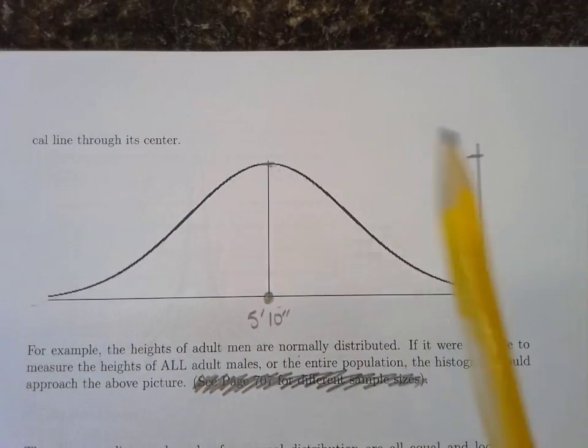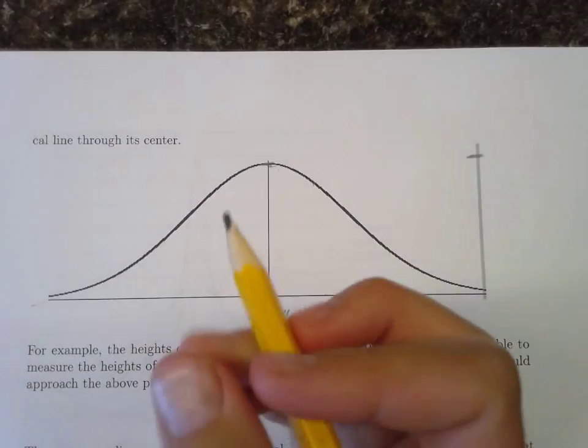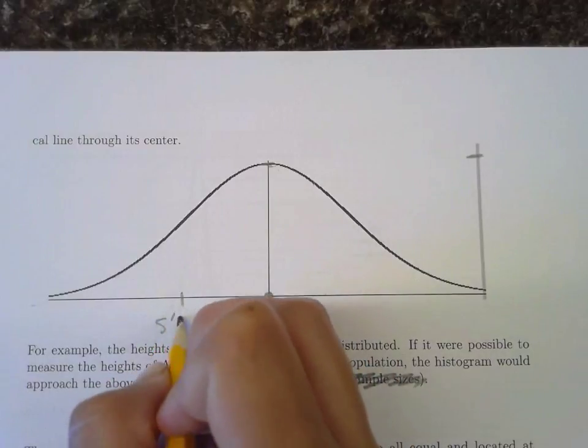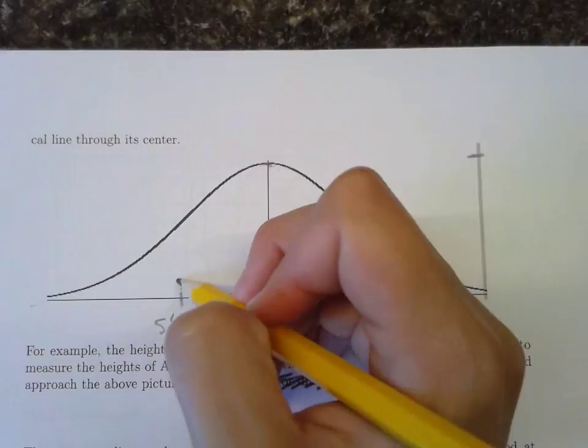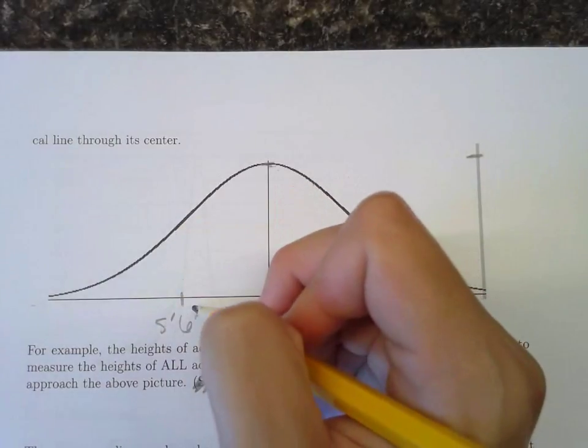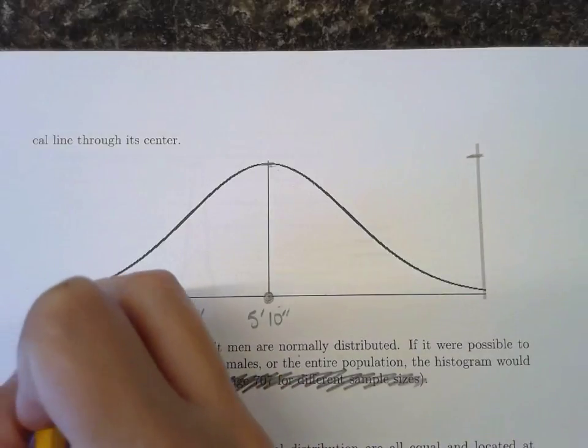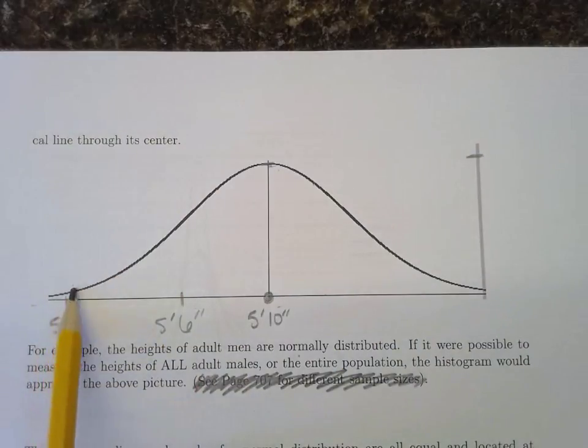So let's move to the left. Maybe, and I'm making these numbers up, this value here represents 5 feet 6 inches, so fewer men are 5 feet 6 inches. Maybe this value here represents 5 feet, so very few men are just 5 feet.